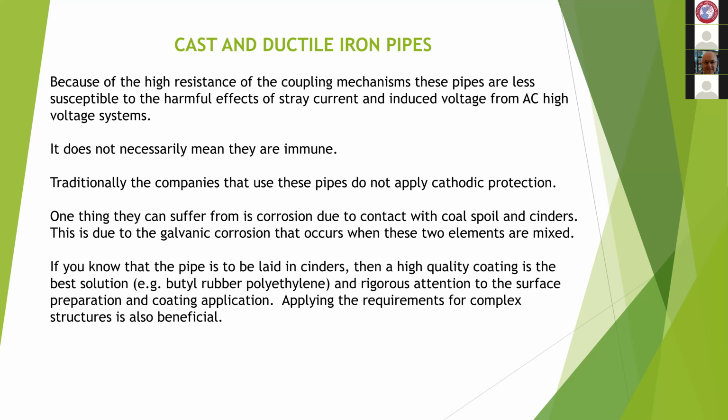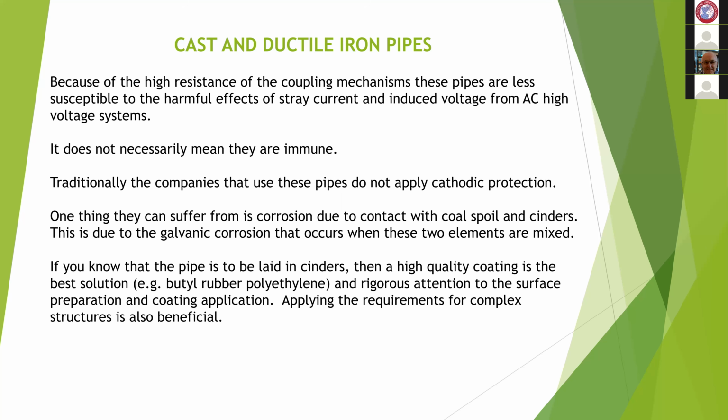We normally express the induced voltage in volts per kilometer, so that really tells you that these short lengths aren't affected. But we do find that cast and ductile iron pipes are sometimes laid near railways in ash and cinders, and you can get corrosion there due to the different elements that occur. It's a galvanic type of corrosion.